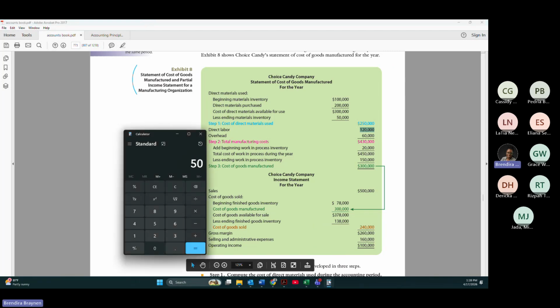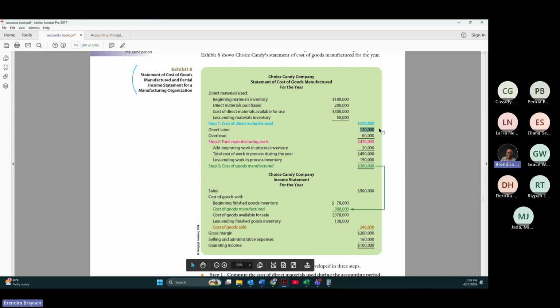So you would have to take the 50 hours times $30 per hour, 1,500. So they don't always give you the total direct labor. Sometimes you have to calculate it. You're just looking for where they talk about the workers, how many hours the workers worked, and how much we pay them per hour. That lets us know the direct labor costs.